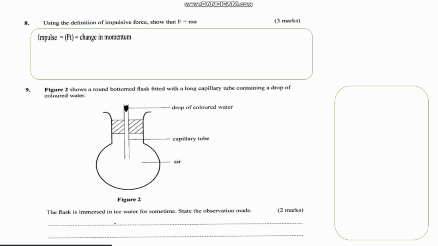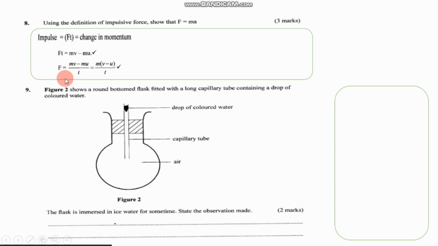So force times time is given by the change in momentum, and the change in momentum is the final momentum minus the initial momentum. The final momentum is given by the mass times the final velocity v, minus the same mass times the initial velocity u.